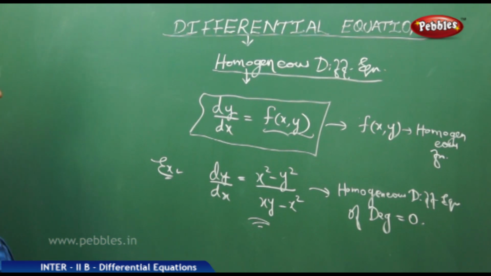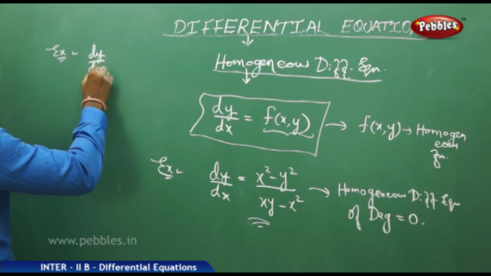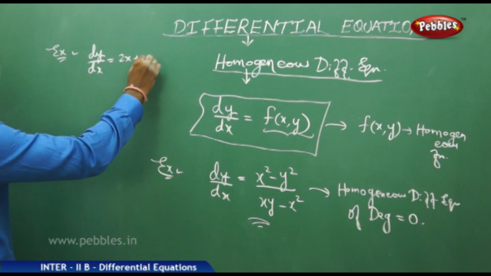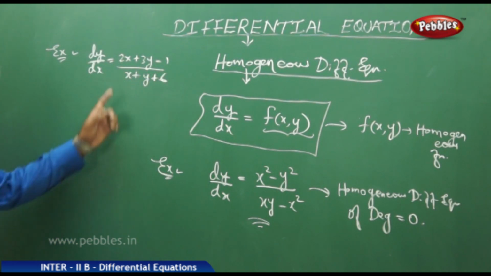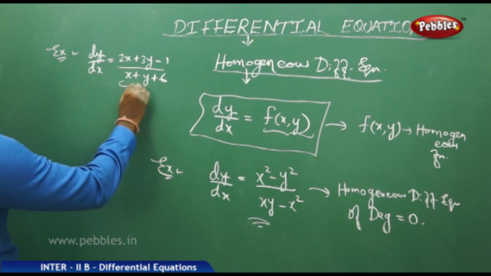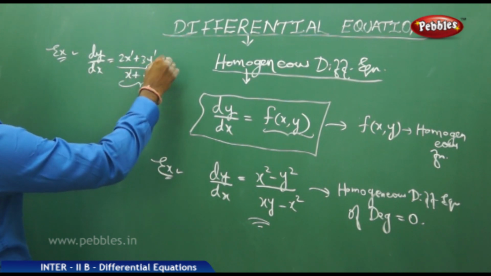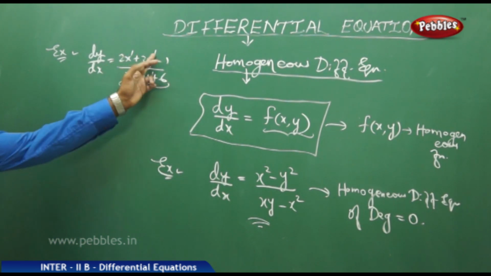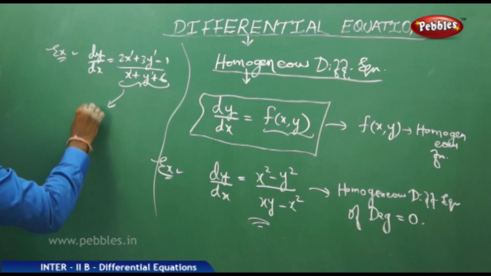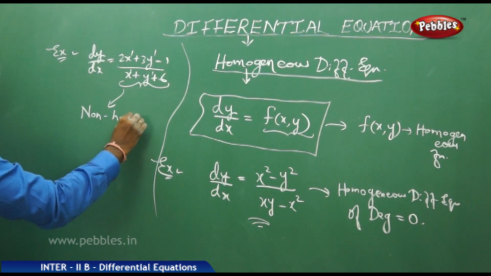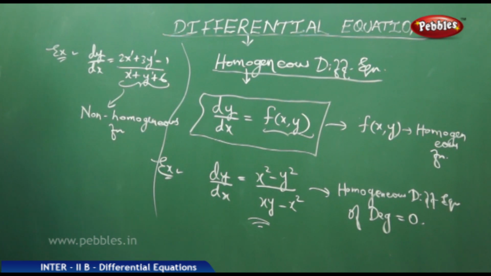And let's take another example. This is not a homogeneous differential equation because this is not homogeneous, as the highest powers are 1, 1 and this is 0. So they are not with equal powers. Therefore, this is a non-homogeneous function.